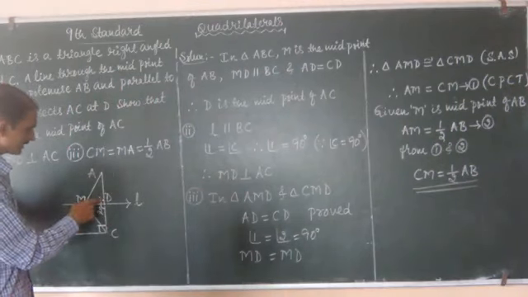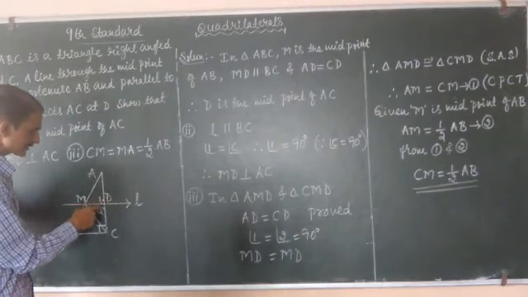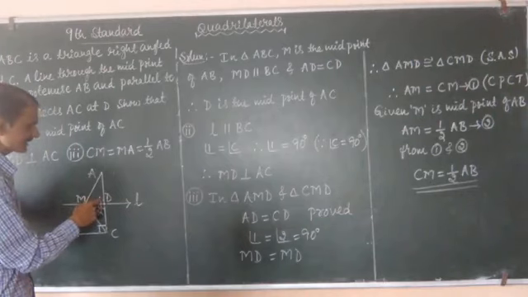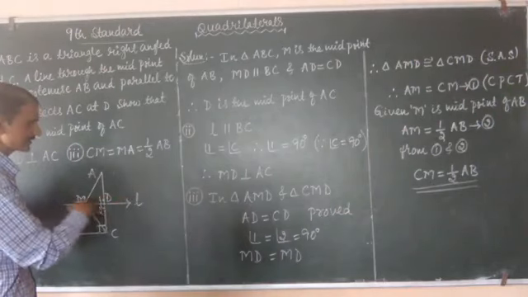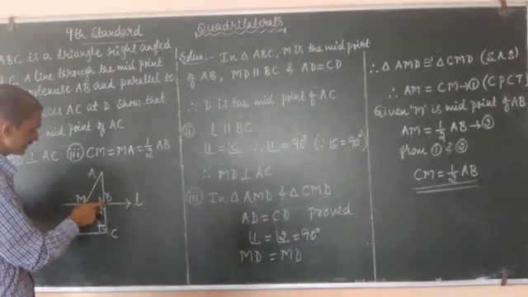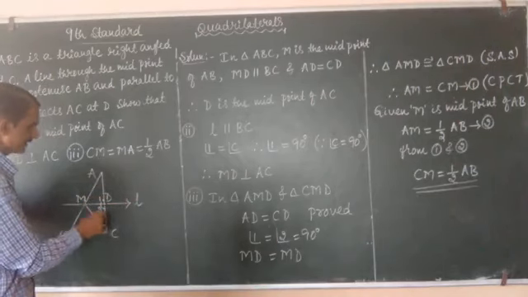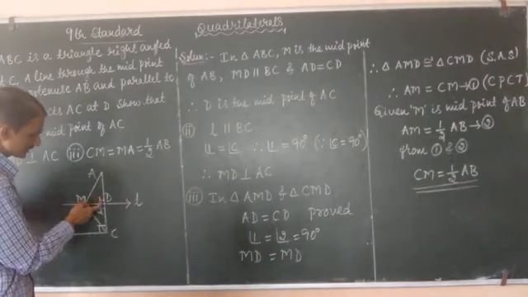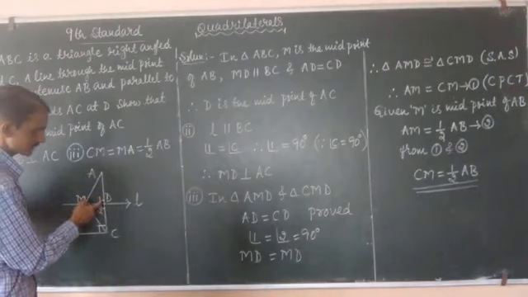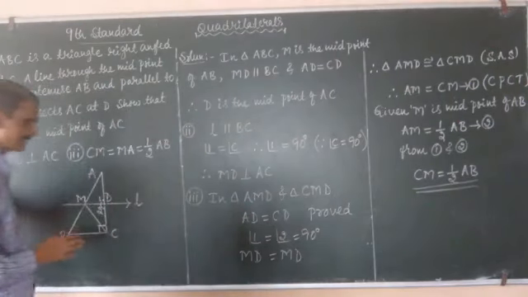And angle 1 is equal to angle 2, because these two are 90 degrees, as MD is perpendicular to AC.